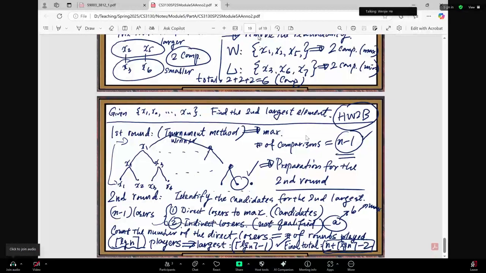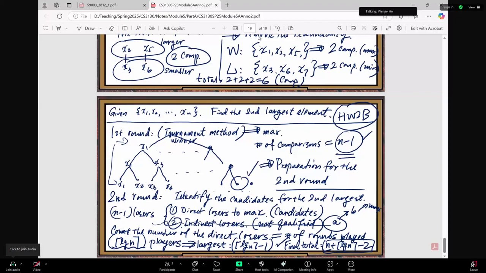This slide, HW2B, remember the formula at this bottom right corner. That's the formula, all right? You know that n, right? That 21, not 19, 21, that's the n.